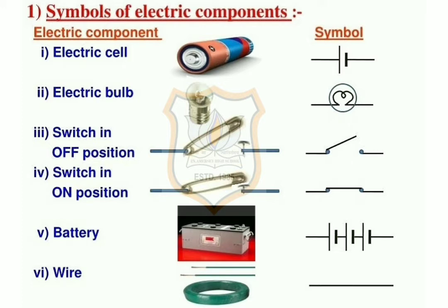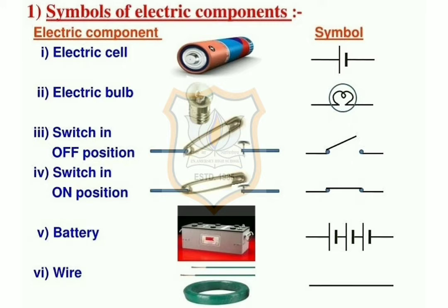In the symbol for the electric cell, students, look carefully. Notice that there is a longer line and a shorter but thicker parallel line. Do you recall that an electric cell has a positive terminal and a negative terminal?